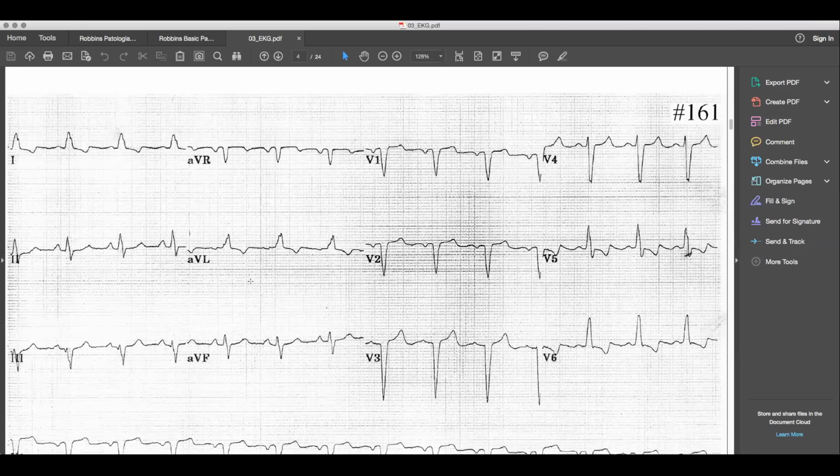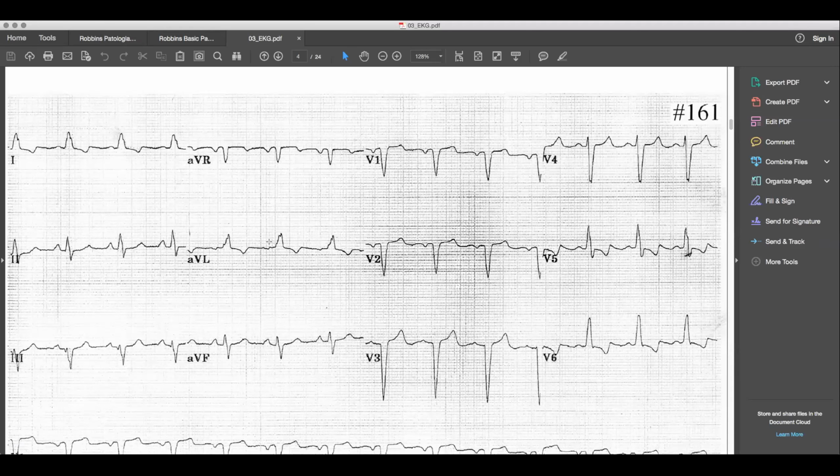Now, pathological Q wave, let's see. I was not sure if it's a pathological Q wave or if it's a QS complex. Let's go in order. 1, no. 2, no. 3, no. AVR, yes, but it doesn't count.